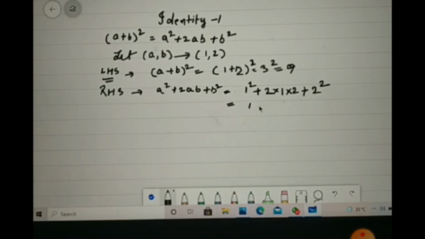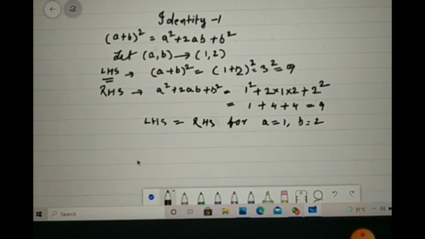Now 1 square is 1 and 2 2s are 4 and 2 square is 4. So 4 plus 4 is 8 and 1 is 9. So here we see LHS is equal to RHS. So we are satisfied with the values of a and b, where a is 1 and b is 2. So the identity is correct for the assumed value.